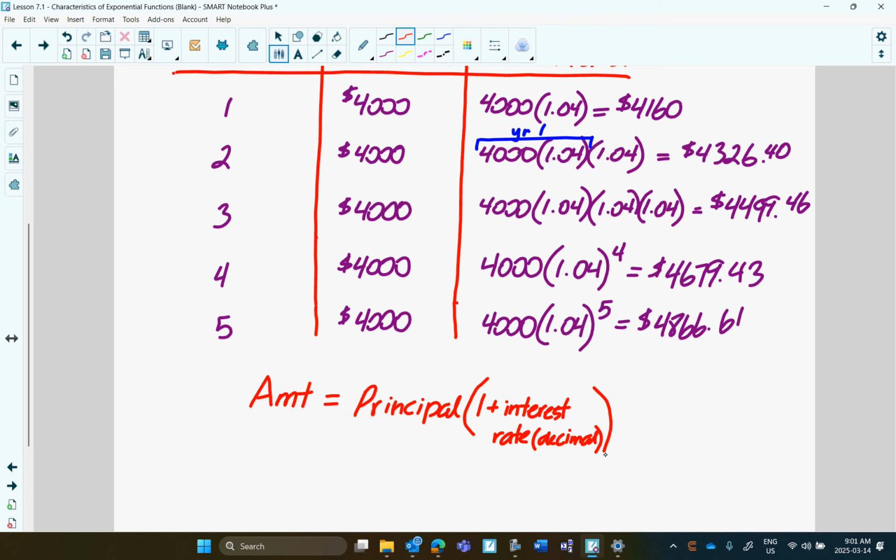The years, right? So if you wanted to find 15 years, you would just put 15 here. You don't have to worry about figuring it out. So to the number of years. Or, because we use math notation, we would say capital A equals P times 1 plus little r raised to the n.